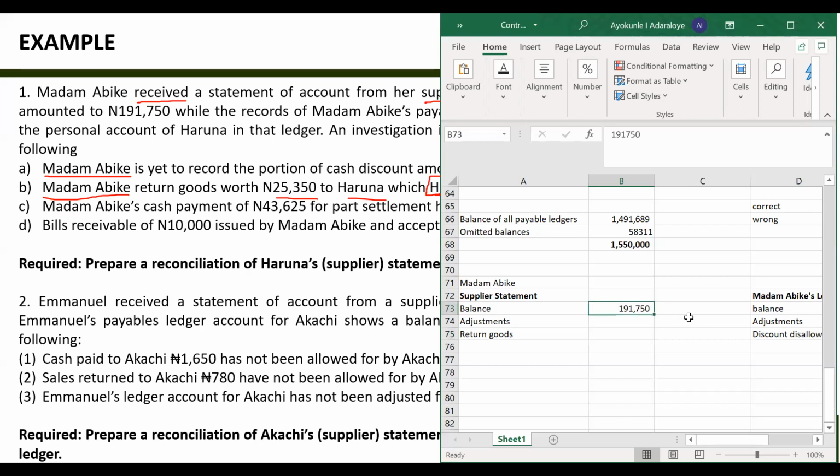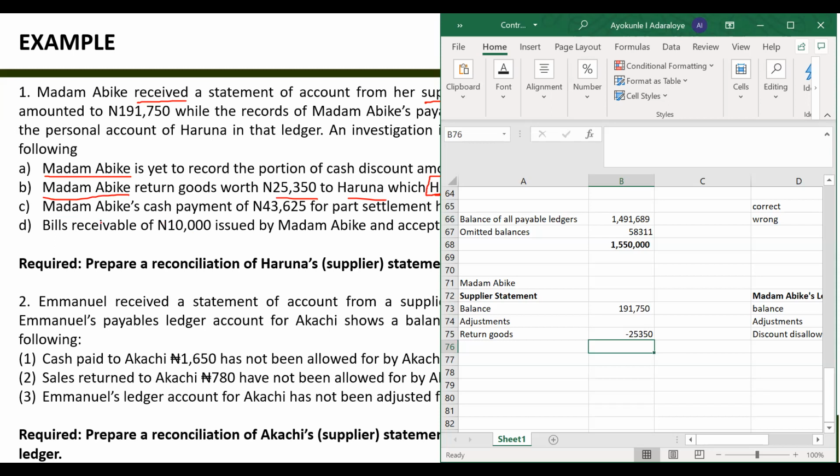This guy is saying that you owe me 191,750, and I'm telling him that I returned some goods back to you now. Will I still owe him up to that amount? I'm going to reduce it, so it's going to be minus 25,350. Just put it in your layman language. You will understand where each one is going to.